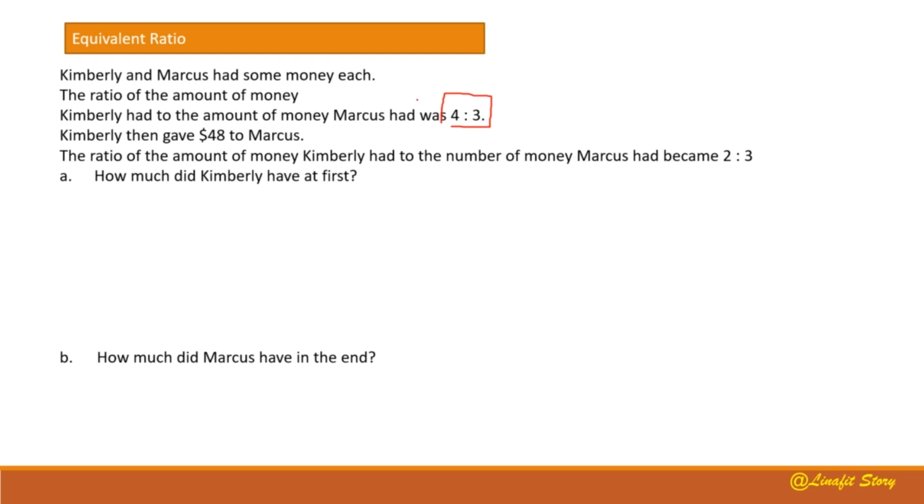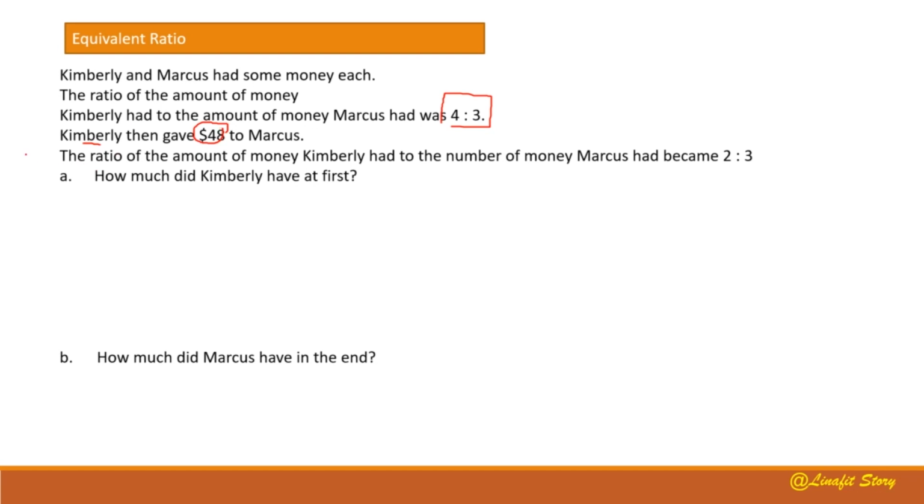So after Kimberly gave $48 to Marcus, the amount of money Kim and Marcus each had changed. Even though the amounts changed, the total number of units in both situations, before and after Kimberly gave the money to Marcus, must be equal.